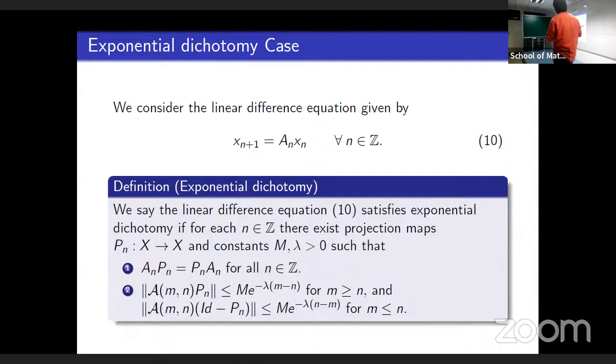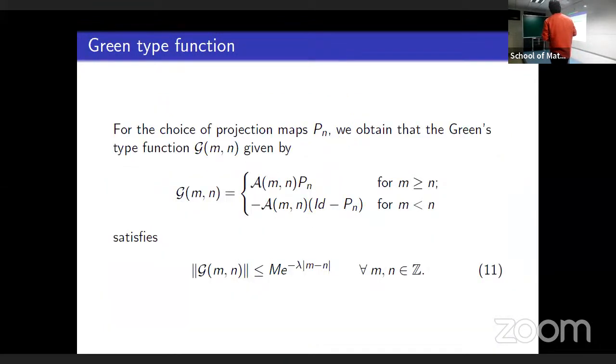So once we assume exponential dichotomy, we have the existence of these projection maps. And if you remember, when we were defining our script G operator, we needed bounded linear maps. So these projections become the obvious choice for those bounded linear maps. And using these projections PNs, we define our script G operator.